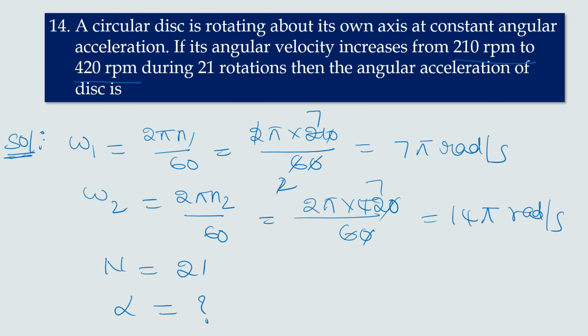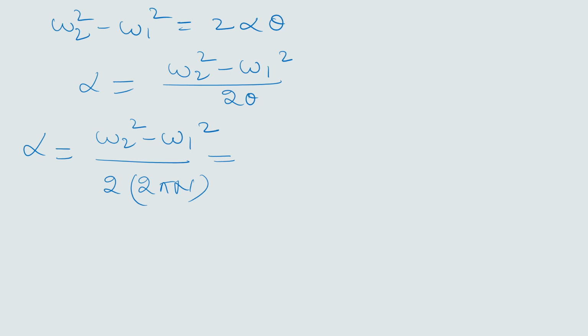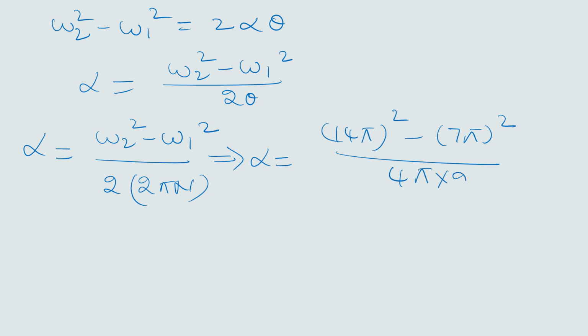So omega 2 square minus omega 1 square is equal to 2 alpha theta. So alpha is equal to omega 2 square minus omega 1 square by 2 theta, where theta is 2 pi n. Now substituting the values, alpha is equal to 14 pi whole square minus 7 pi whole square by 2 into 4 pi, number of rotations 21.